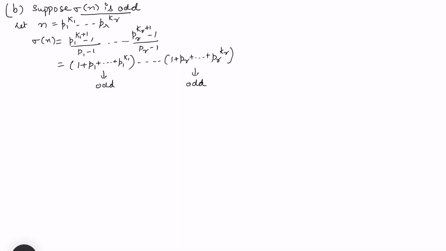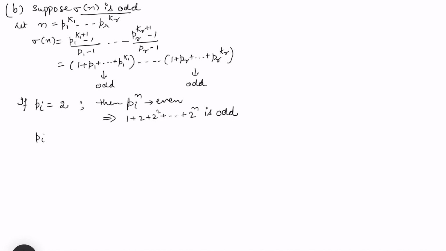Now, there is currently no restriction on pi. If any of the pi is 2, then 2 raised to any power is even, and this implies 1 plus 2 plus 2 squared plus so on plus 2 to the power some n is odd. So there is no problem if pi is even.